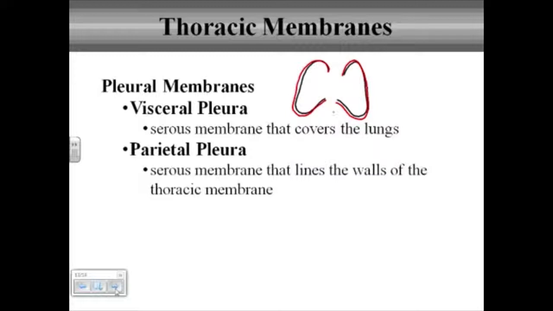We're going to have fluid in the middle, but then we're going to have that parietal layer that's going to be attaching to the whole entire cavity, right? To the walls of the thoracic cavity.